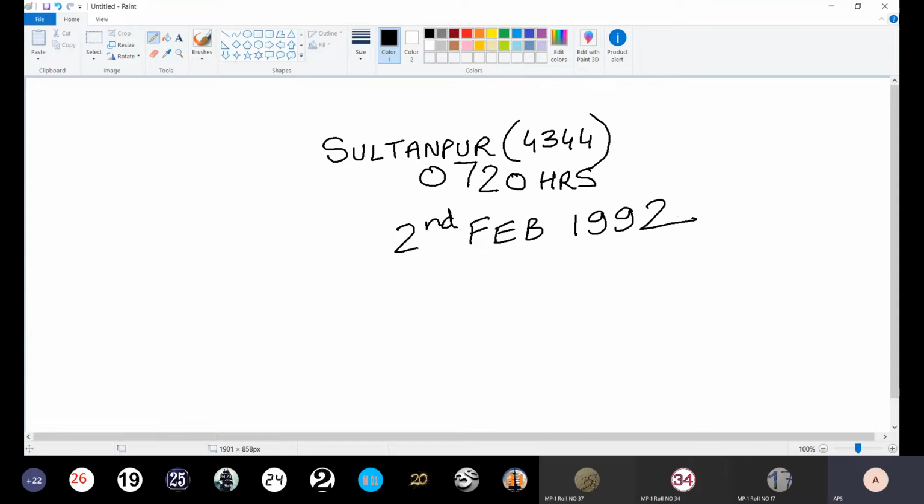Okay, just write down the question, then we will see how to go about getting the answer. Find the height of tide at Sultanpur, port number 4344, at 0720 standard time, local time, and the date is 2nd February 1992.